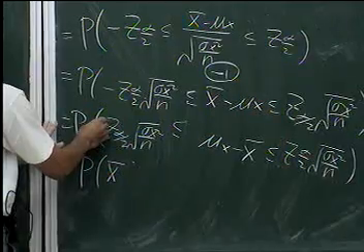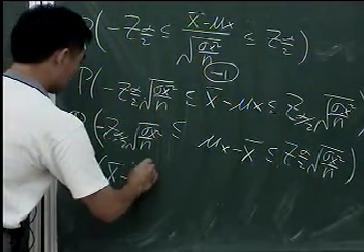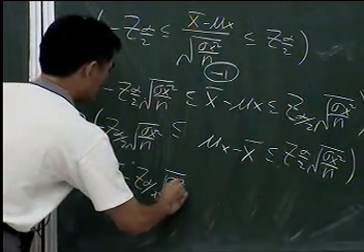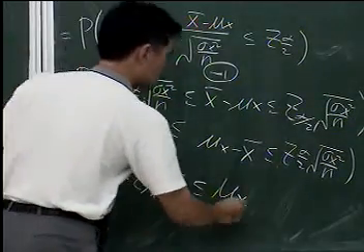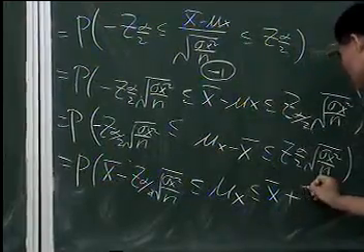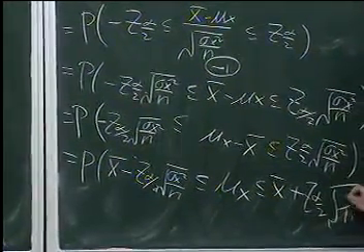Oh, sorry, it should be negative. So it should be x bar minus z alpha over 2 times the square root of sigma x squared over n, less than or equal to mu x, less than or equal to x bar plus z alpha over 2 times this.